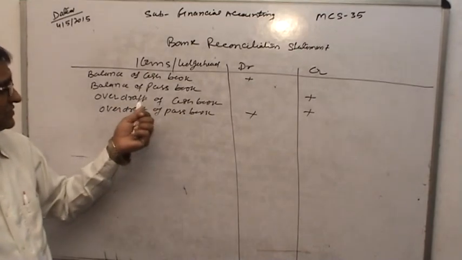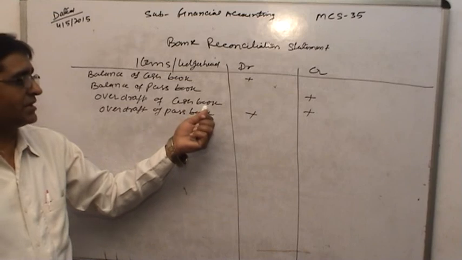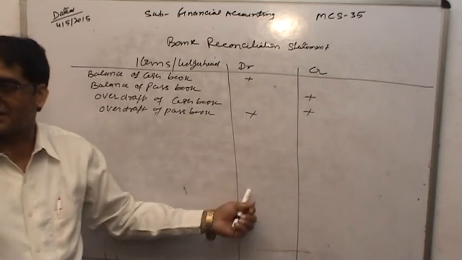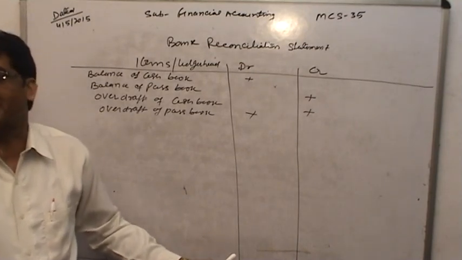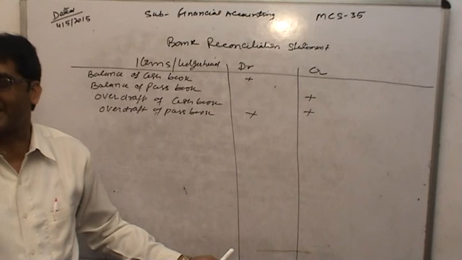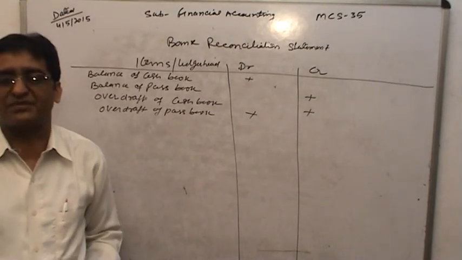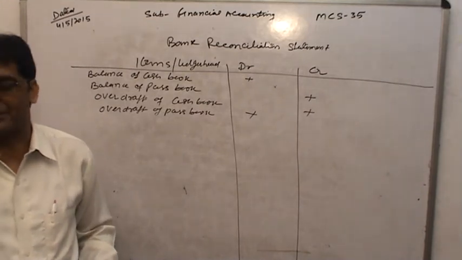Then overdraft of cash book should always be credited and written in credit, and other things are the same except the bank interest. In the case of overdraft, bank interest shifts from debit to credit, and the rest of the entries remain the same.